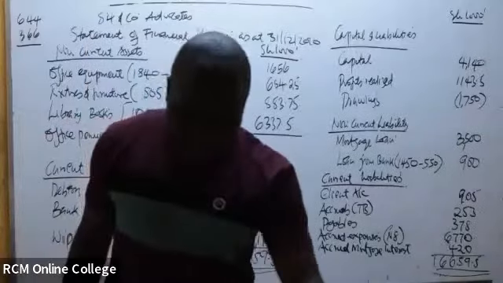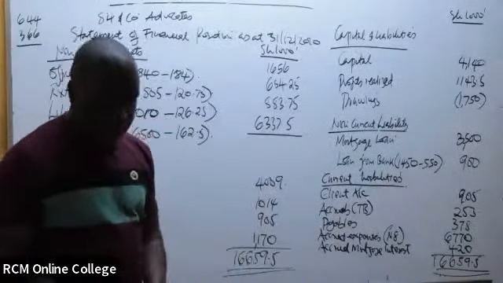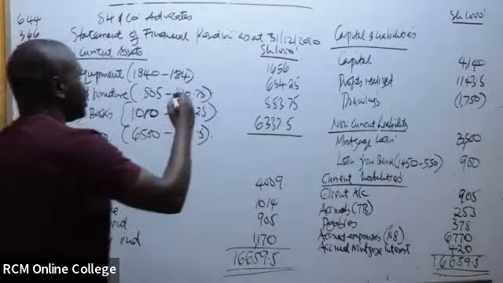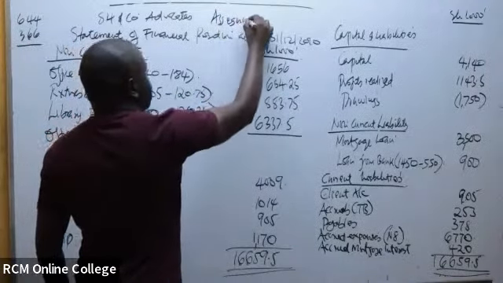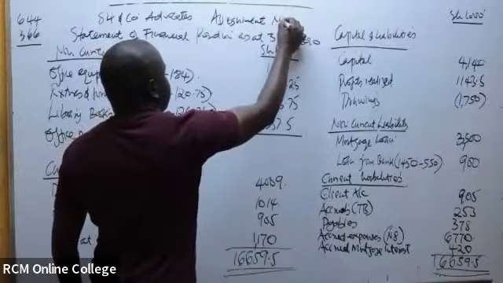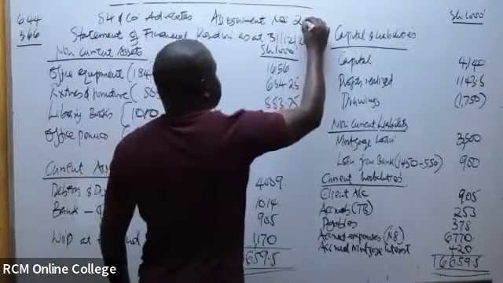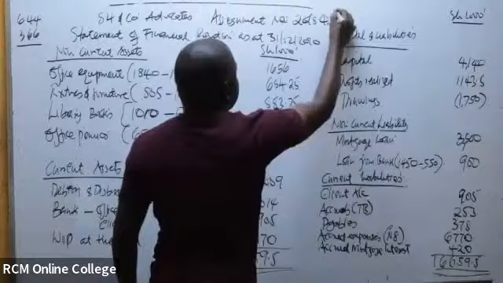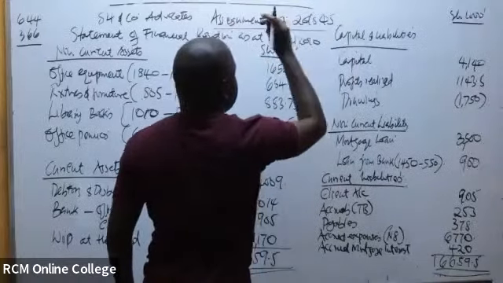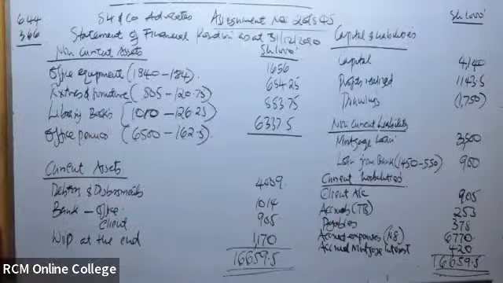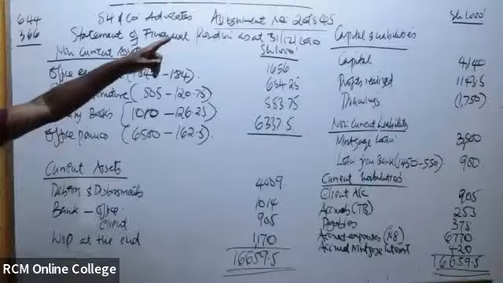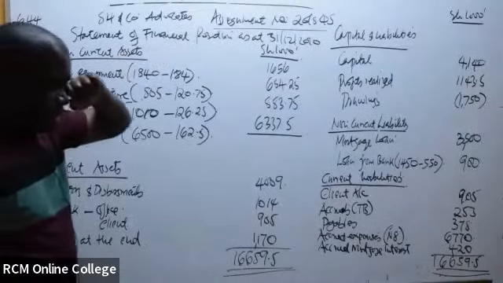So assignment, November 2018, question number 5. You attempt that one as an assignment for the weekend. There's another one also for December 2022, but you can do this one, November 2018, question number 5.